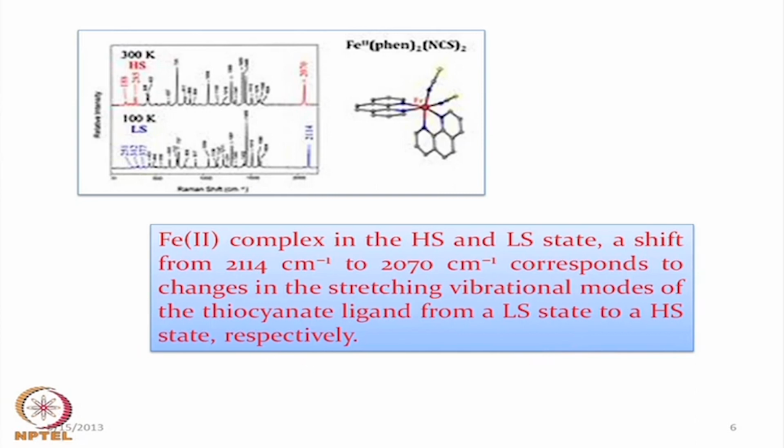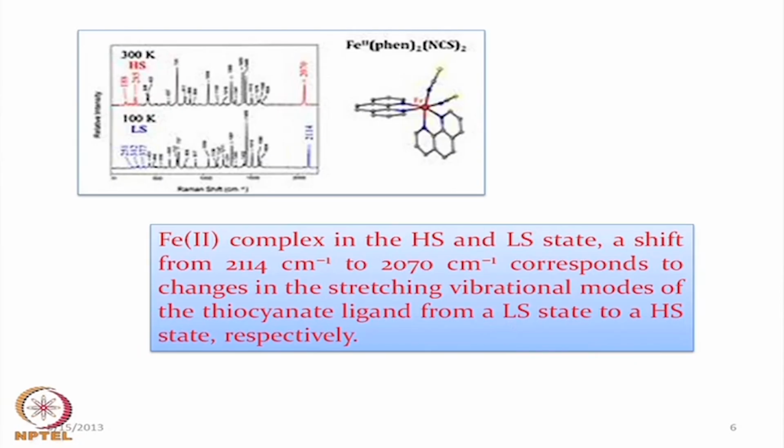So, that gives us a clear indication that as we move from a high spin situation to a low spin situation, the corresponding iron thiocyanate stretching frequencies, or rather the combined CN and CS stretching frequencies, are changing. This is very much characteristic of the CN stretching frequency within the thiocyanate group, which changes from 2114 centimeter inverse to 2070 centimeters at the lower value for the movement from a low spin to a high spin state.